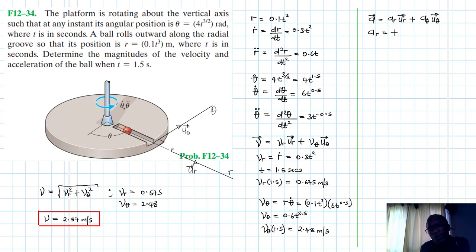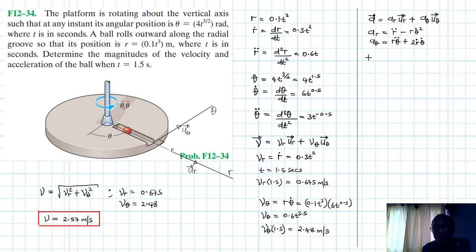AR is equal to R double dot minus R theta dot squared, and then A theta is equal to R double dot plus 2R dot theta dot.